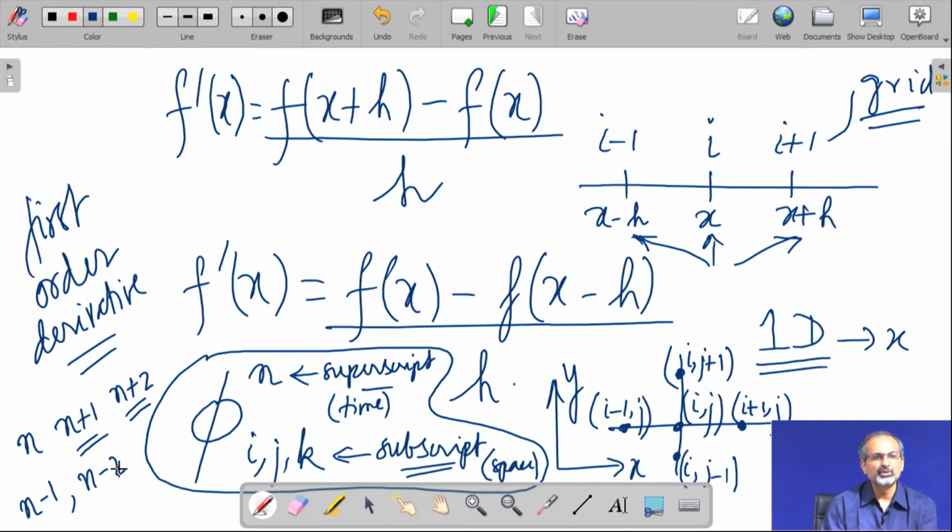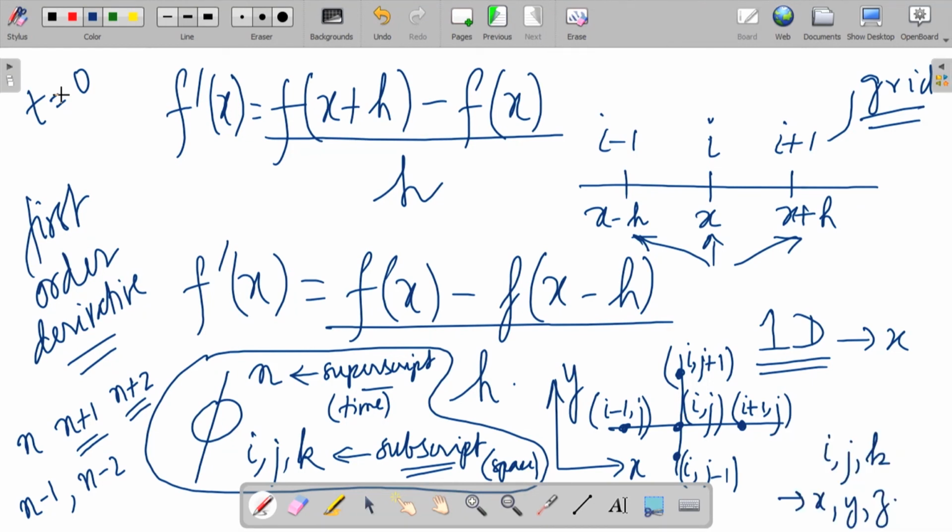When we start computations, for example, at t equal to 0 and proceed, then we start from initial conditions, and then we try to look at how the dependent variables variations come up with time and space.